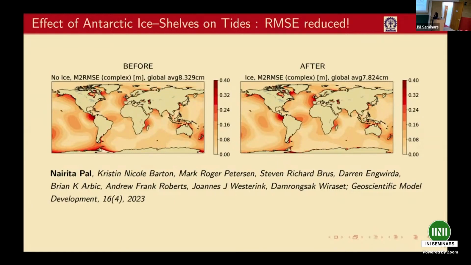Okay, I see. So basically, including the ice shelf does something to the coastal regions also.